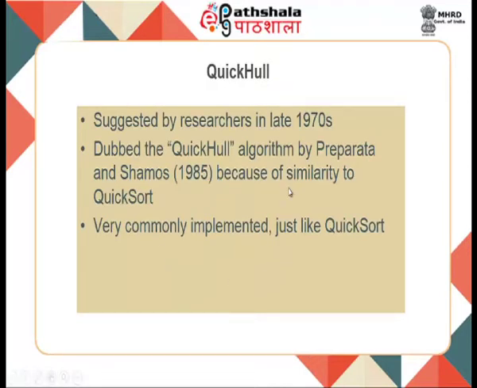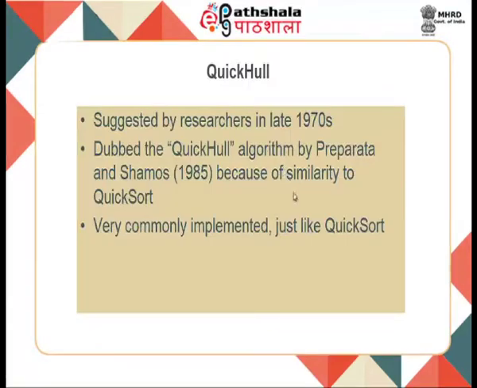So, the logic is very simple now. We have to apply the divide and conquer strategy for finding the convex hull. We want to improve the performance of the brute force technique, so we want to reduce the complexity. Lots of efforts have been made.